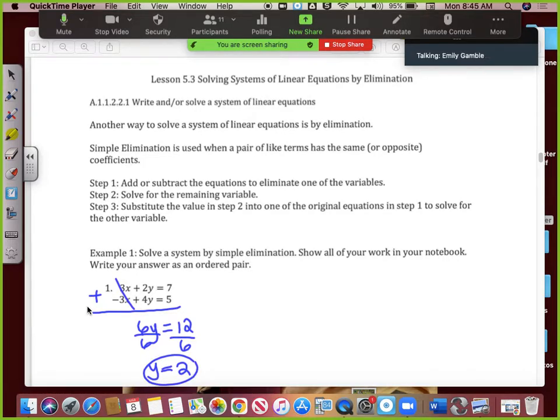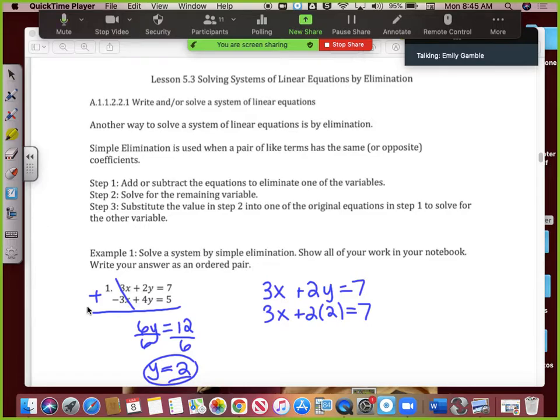So what I did there was I eliminated the x variable. I was able to solve for y, and now I'm going to use that number and replace it in one of the equations to solve for x. Looking at the original equations, I feel like the first equation is a little bit easier since there's no negative: 3x plus 2y equals 7. I already solved that y is equal to 2, so I can replace y with 2.